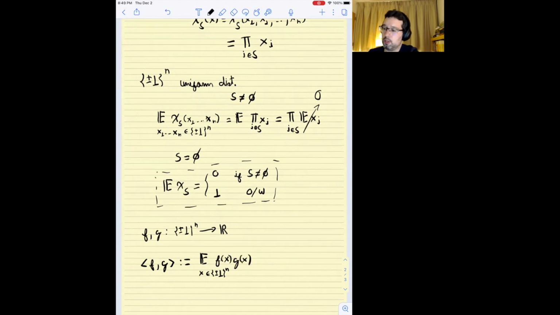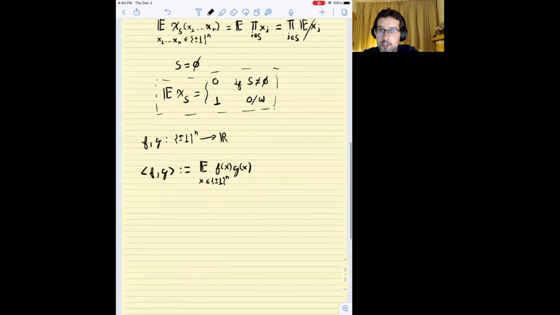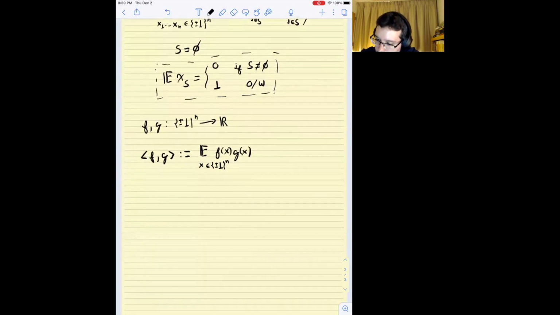Very good. And the first little claim of Boolean Fourier analysis is the orthogonality of characters. So under this inner product, the collection of characters, chi-S, S contained in [n], forms an orthonormal basis of functions.